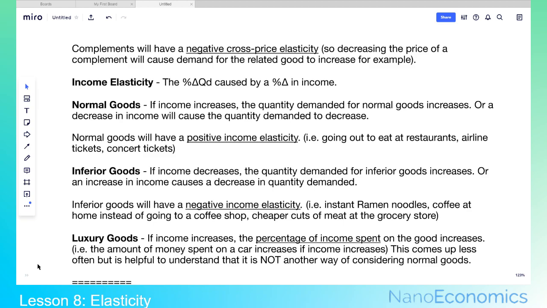And it relates back to what we talked about yesterday with anything from packaged ramen versus going out to eat, or getting a fast food combo meal versus going to a sit-down restaurant, or flying to your favorite vacation destination versus going on a road trip. So when we're looking at normal and inferior goods, there are always pairs, and they're kind of infinite in terms of just however you think of things.